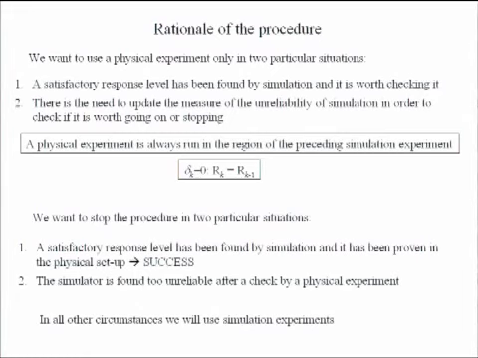When we want to stop the procedure, this point 1 is related to this point 2 to this. I found a good solution in the simulation. I found that this solution is confirmed in the physical setup, so this is a success. I stop it. In the other case, I have had suspicions about unreliability of the simulator.